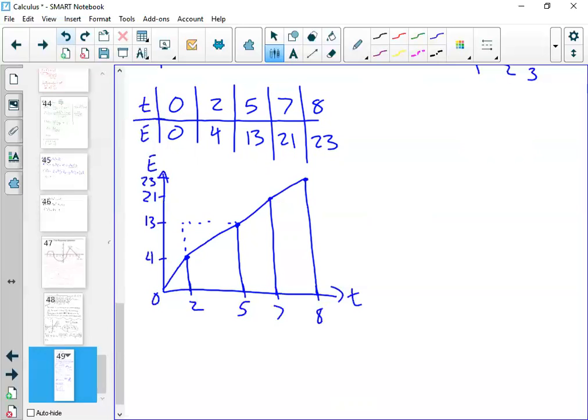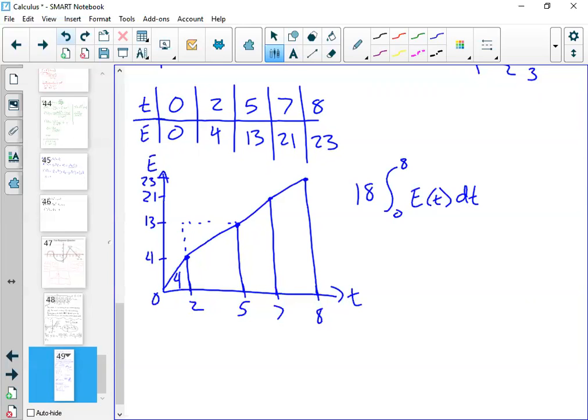In this case, let's see what they have. They told us to do the integral from 0 to 8 of e of t. And so this first one would be 4. This one's going to be 3 times halfway in between 4 and 13.